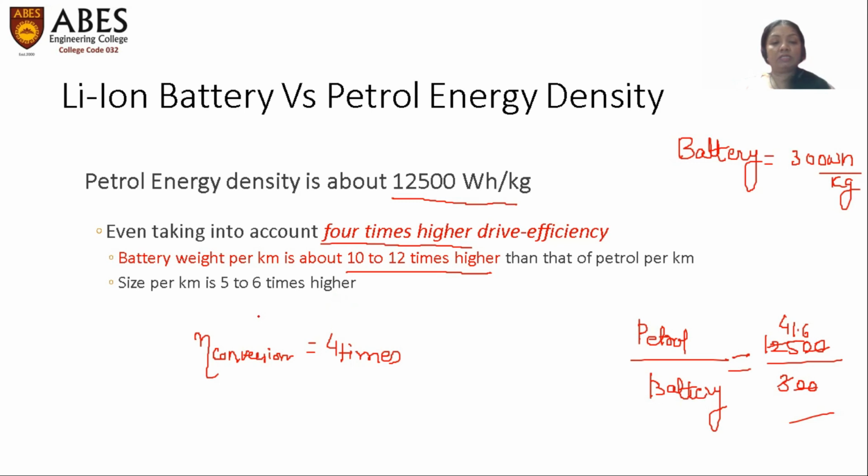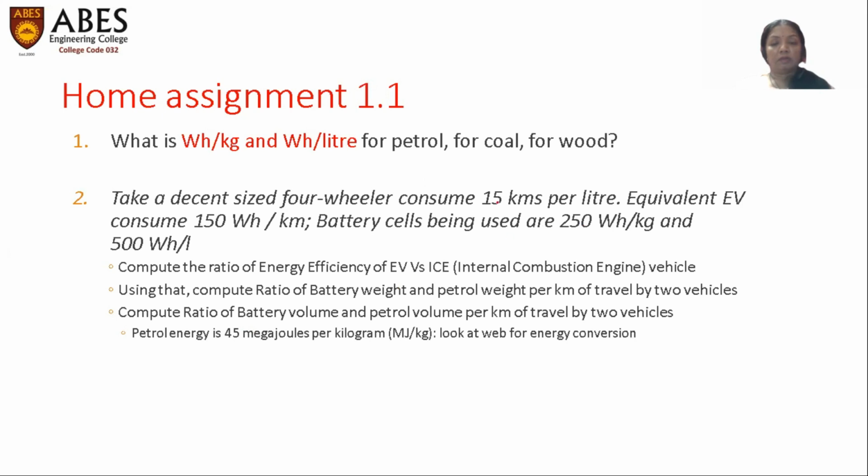This is a kind of assignment we can see, how this can be worked out. Here I'm saying that the vehicle has a mileage of 15 kilometer per liter. If I try to make the vehicle run for 100 kilometers, how much petrol would be required? 100 upon 15, so it is 6.67 liter.